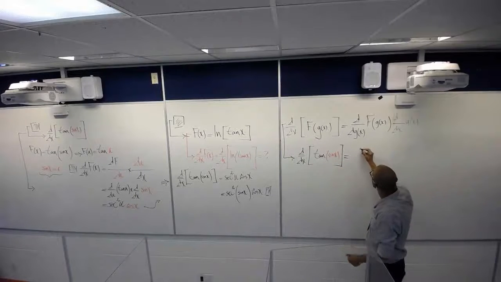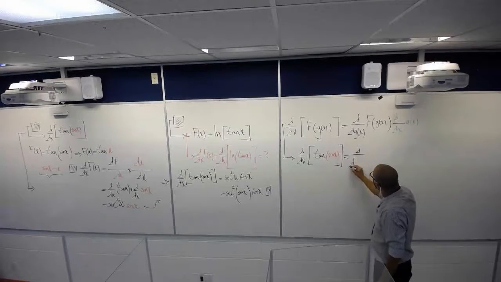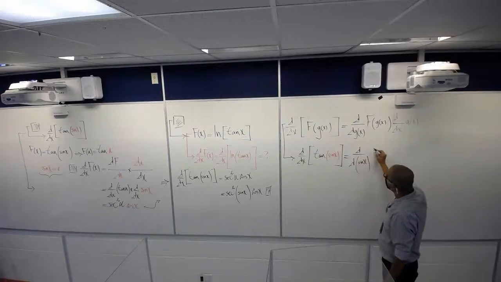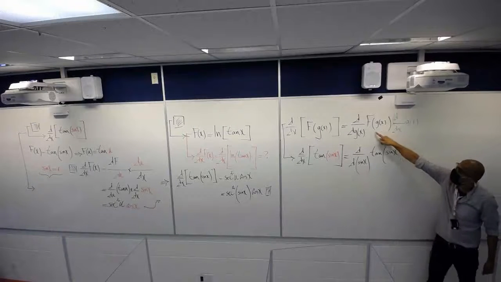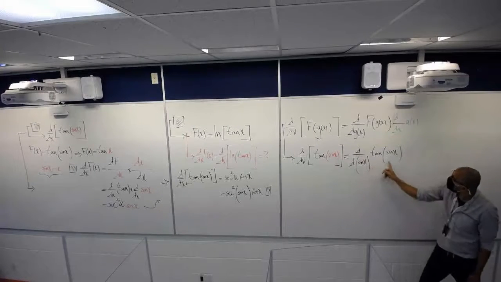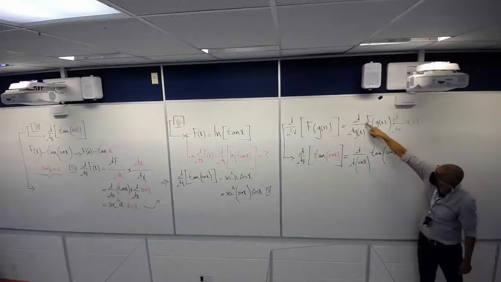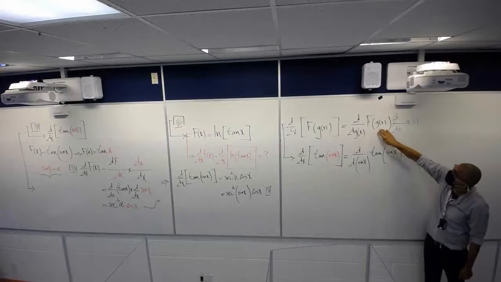That's d over d of sine x of tangent of sine x. What does it mean? f of g of x is tangent of sine x, but d over d of g of x, my g of x is sine x.